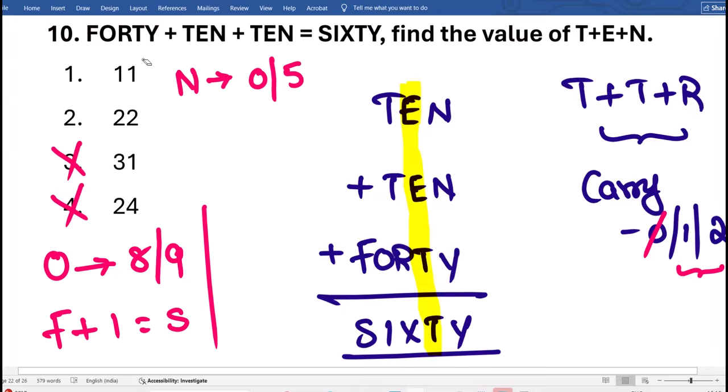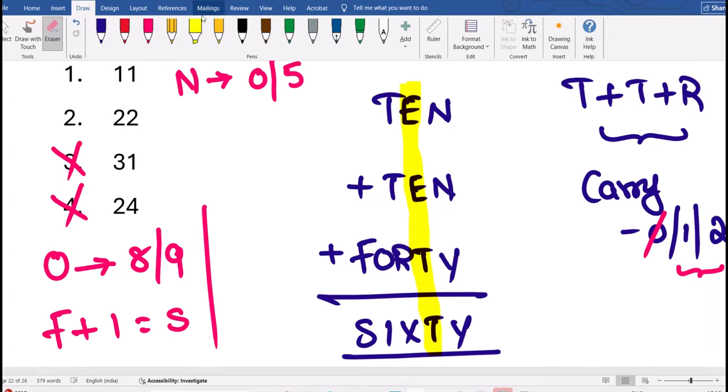Trial and error, or else we can eliminate the options using that easily, once you get the relation between E and T. E plus T plus carry, maximum one only will come. Because N is 5, suppose 5 plus 5, 10, Y is 9 means 19, one carry. If N is 0, there is no carry. So carry 1 or carry 0 will be the case.